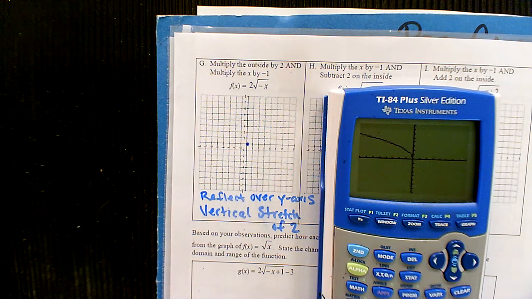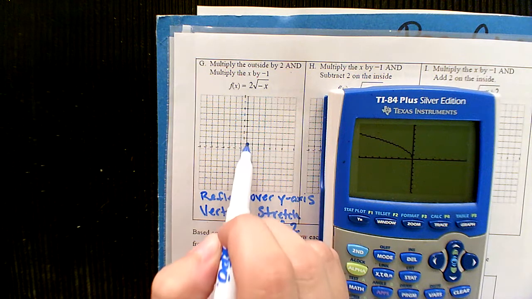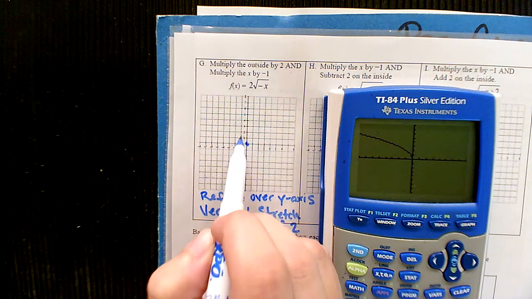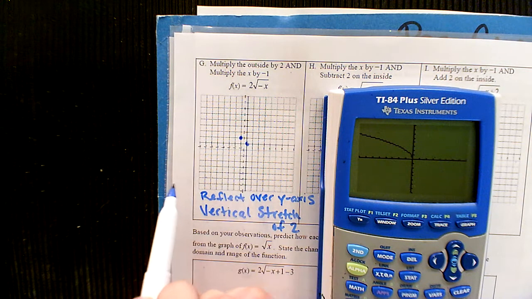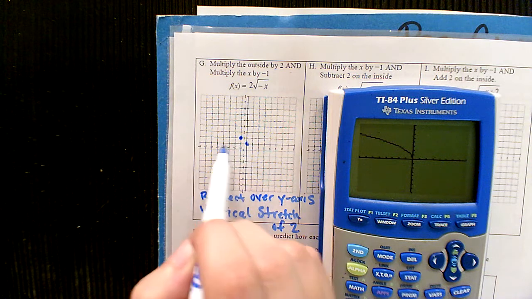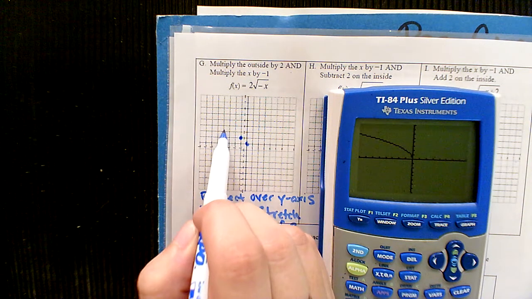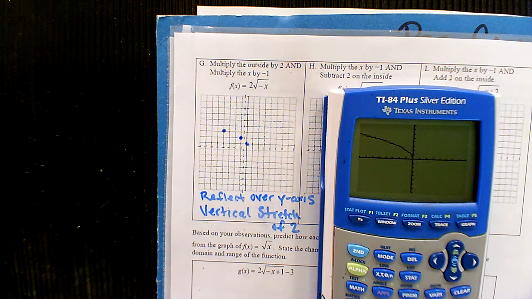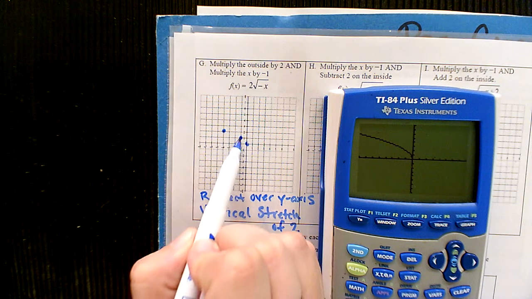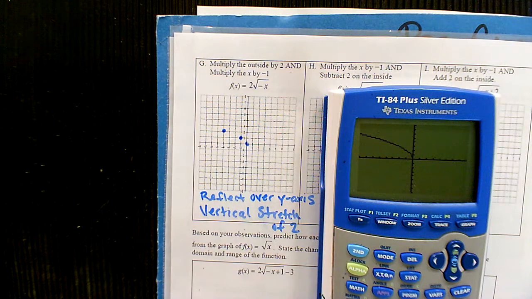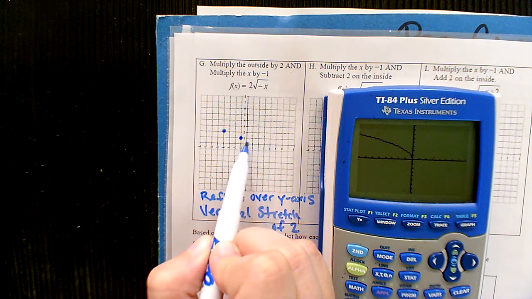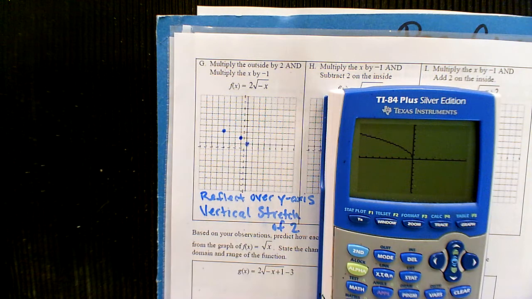Now, if we were to reflect it just over the y-axis, we would have that beginning point at the origin. We would now have the (-1, 1) coordinate, and then (-4, 2). Okay, that's if we just reflected it, right? But if we're vertically stretching it, these points have to be doubled. Their heights have to be doubled. Now this point at the origin has a height of 0, and if you double 0, that's not going to change, right?